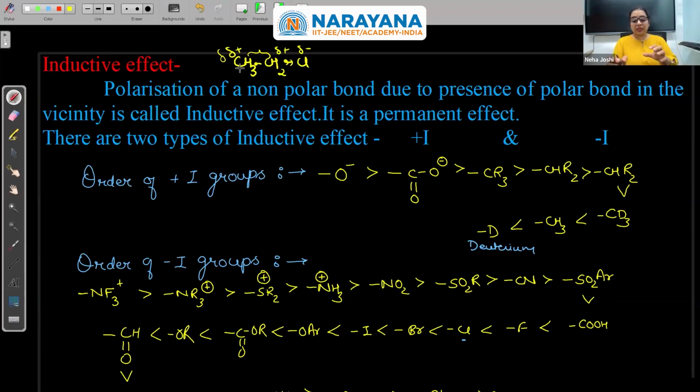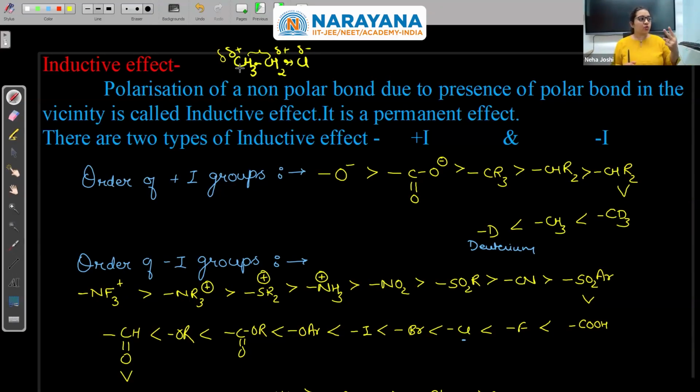Okay, so such polarization of a non-polar bond due to presence of a polar bond in the vicinity is called inductive effect, and the word is from induced effect. This polarity between CH3 CH2 is induced due to a polar bond CH2Cl, so it is called inductive effect.